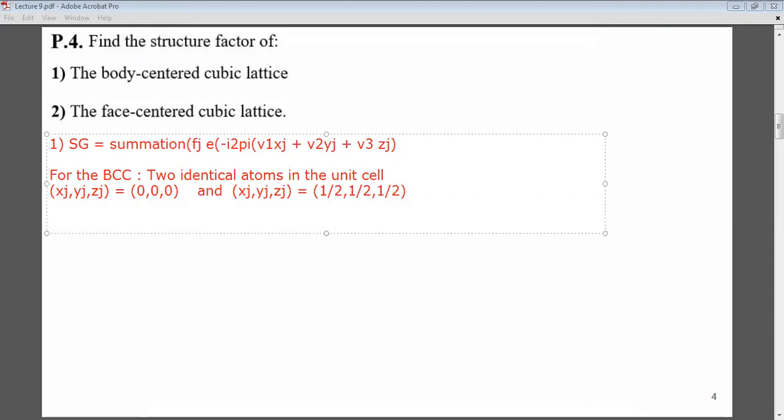So I will get SG equal to a summation. There will be two terms.